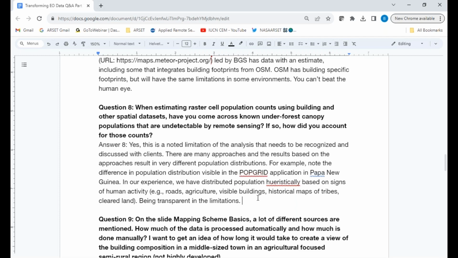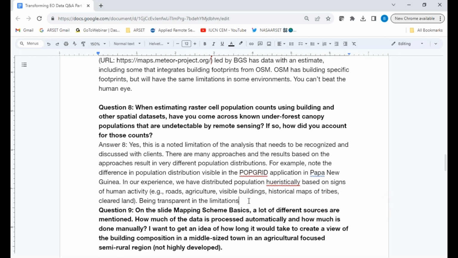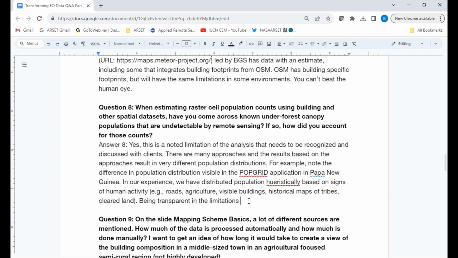In those cases, we acquired language spoken maps of tribes that could be very small and used that to distribute the population. We were able to find clearings on coastal areas associated with farming and development. We placed a lot of population in those areas. And in some areas that were internal to the country, we just made some assumptions about distance from roads. But it can be very difficult, and that's one of the areas that you need to be very transparent about.